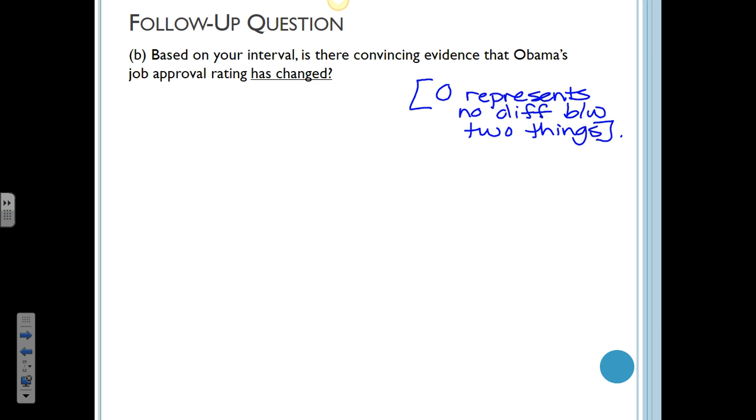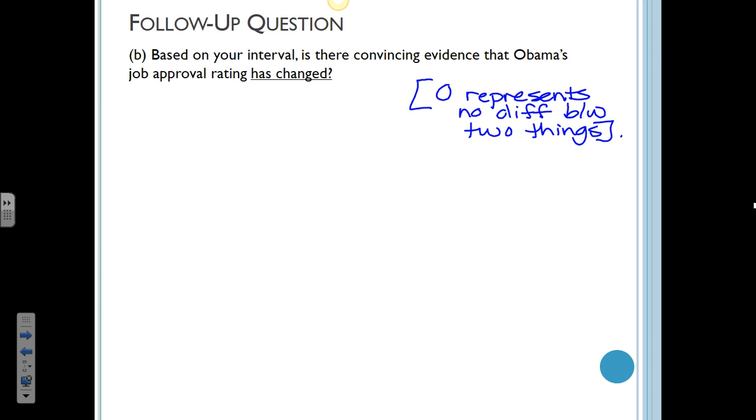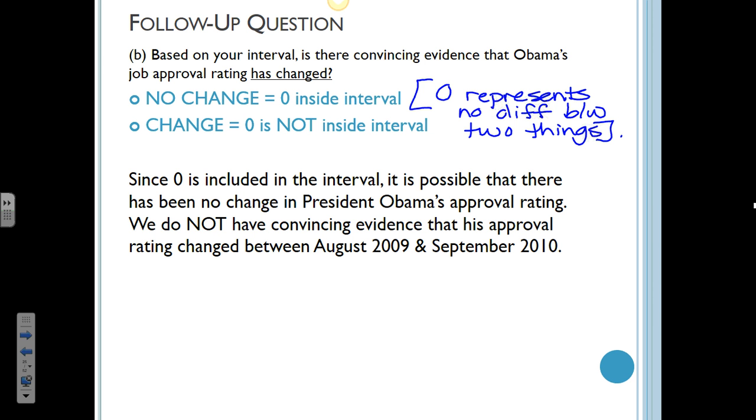So let's go back here. Is 0 in the interval? Yes. I have a question. Does that mean we have convincing evidence that it's changed, or do we not have convincing evidence it has changed? We do not have convincing evidence it has changed. So what does that almost sound like from hypothesis testing? Like we do have evidence, we do not have evidence.